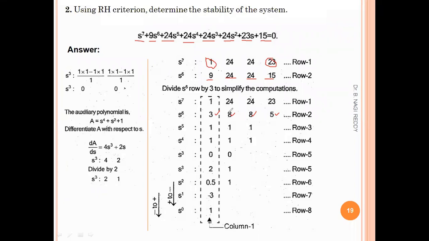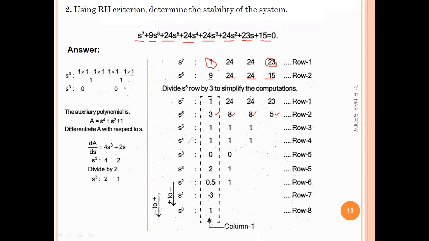Now you know the process to calculate S5, right? So 3 into 24 minus 8 into 1, divided by 3. Here also, 3 into 24 minus 8 into 1 by 3. Here also, 3 into 23 minus 5 into 1 divided by 3. If we simplify, we will get 1, 1, 1.